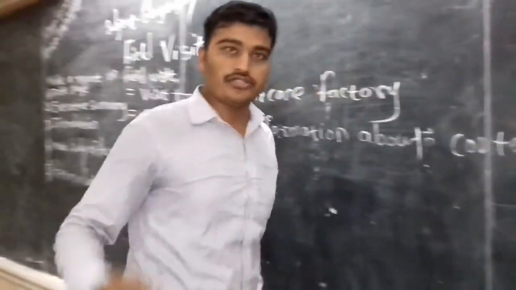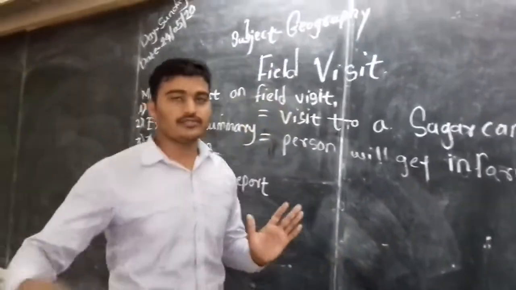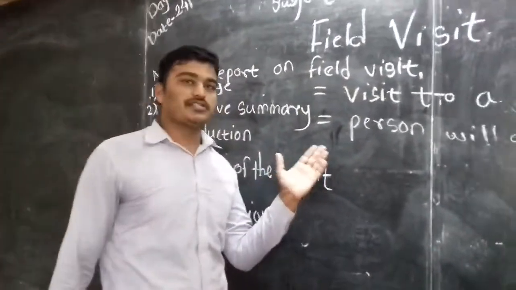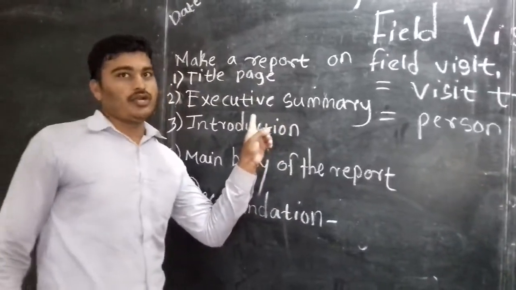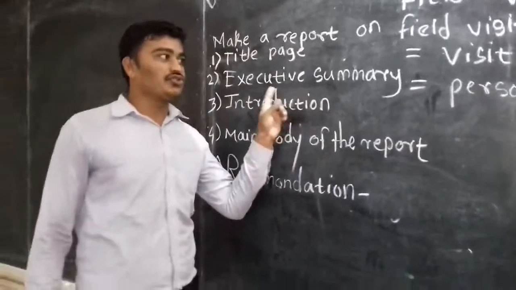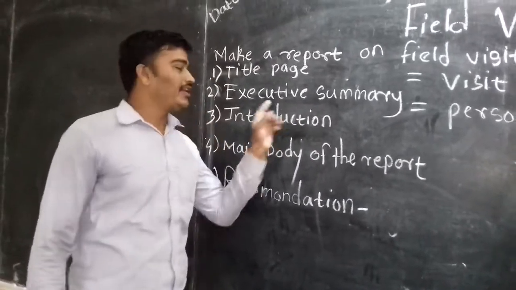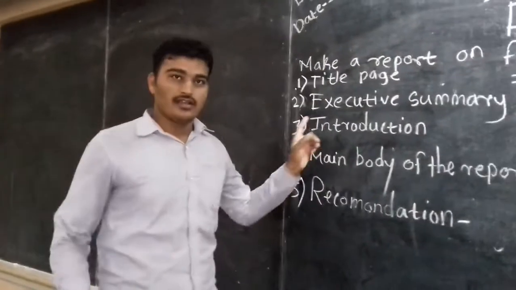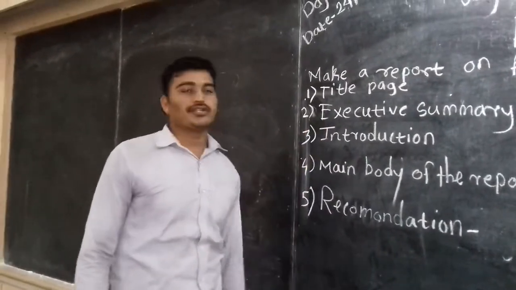So the reader who is going to read your report will get information in short in the executive summary. So you have to write short but exact content in the executive summary. So the second point for writing a report about a field visit is the executive summary.